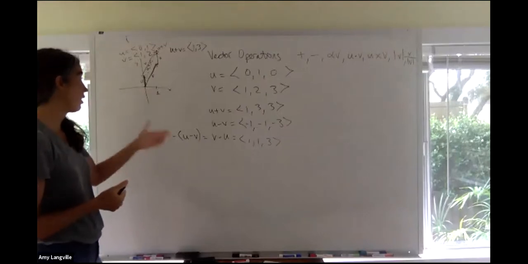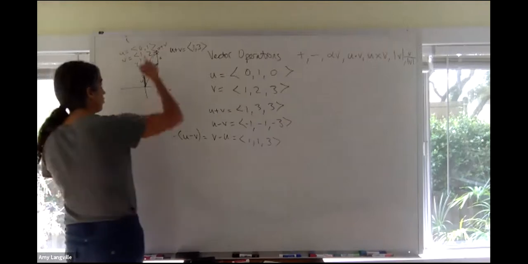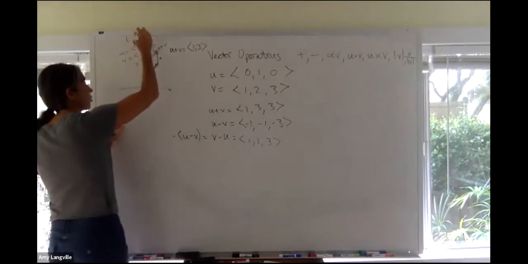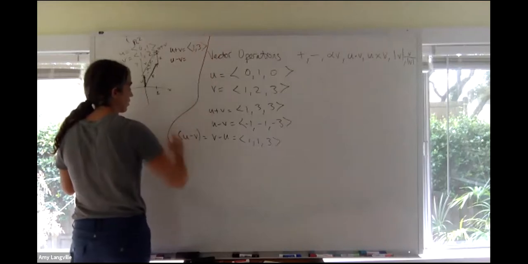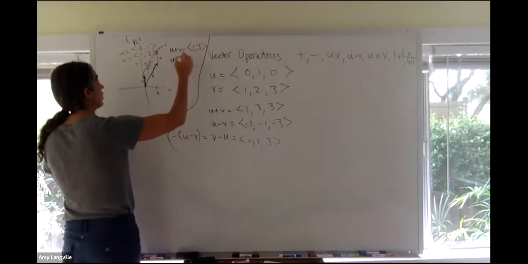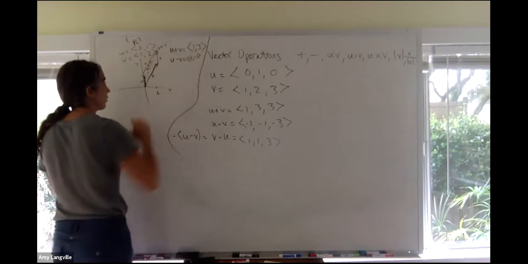And that can also be done visually as well. If I go back over here to my just two R2 vectors, the two components, u minus v, make sure we distinguish that, would be -1, -1.